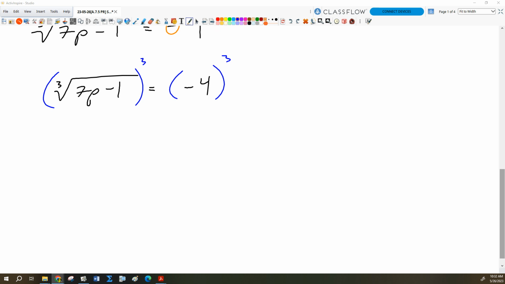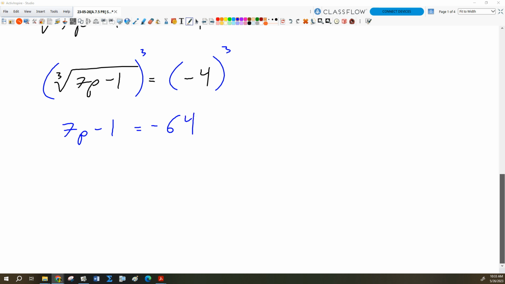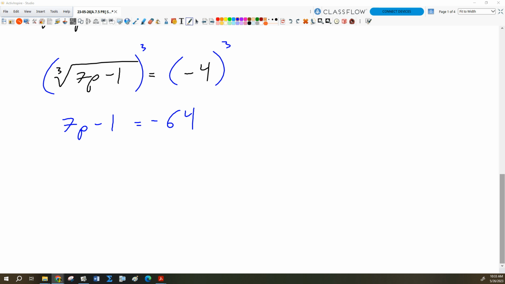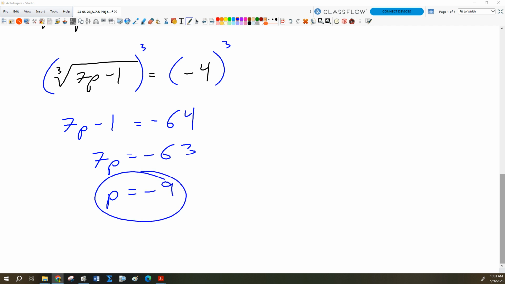Okay, everybody agree? On the left side, the cubing undoes the cube root, so that just gives us 7p minus 1. What's negative 4 cubed? Negative 64. And now we just solve it. Last two steps? Plus 1, divided by 7. So we get 7p equals negative 63, so p equals negative 9.